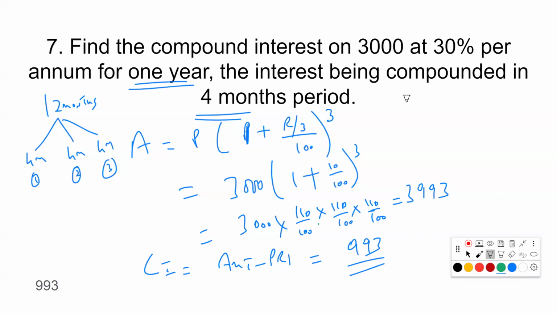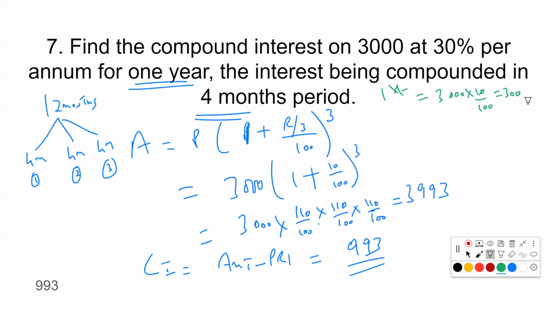So if you want to do it manually, if you are not applying the formula, what do you do? For first year, it is 3000 into 10%. So remember, you are getting 10%. So this will be how much? 300.